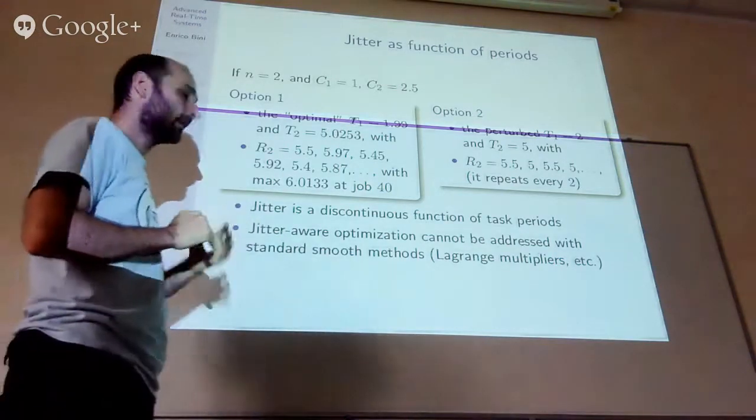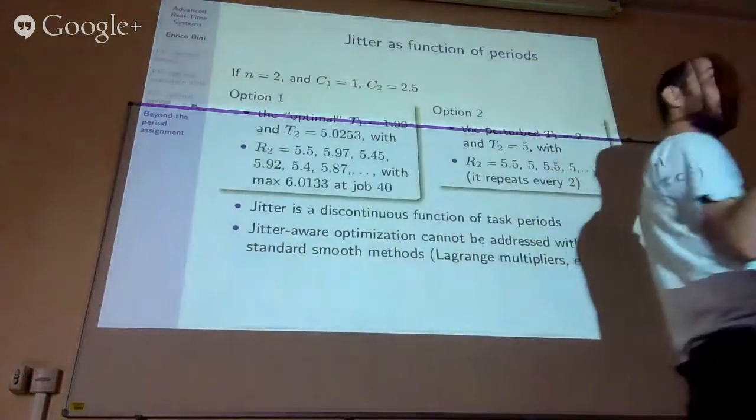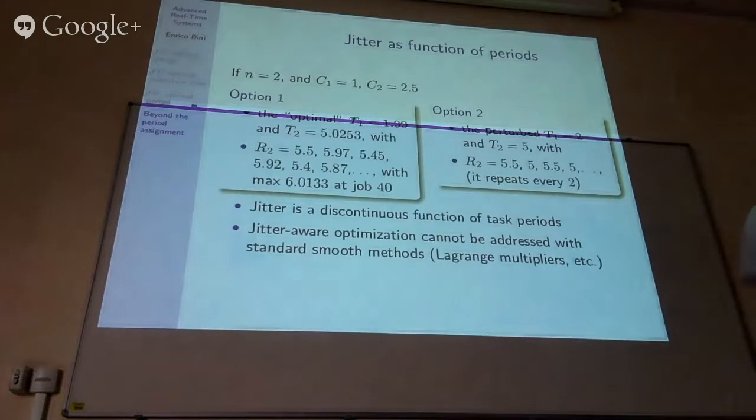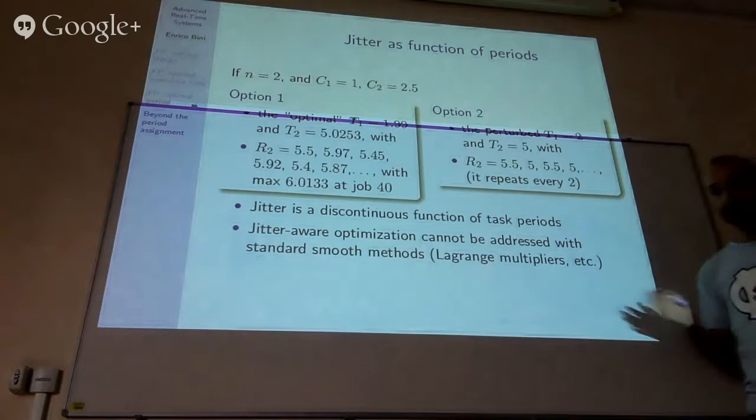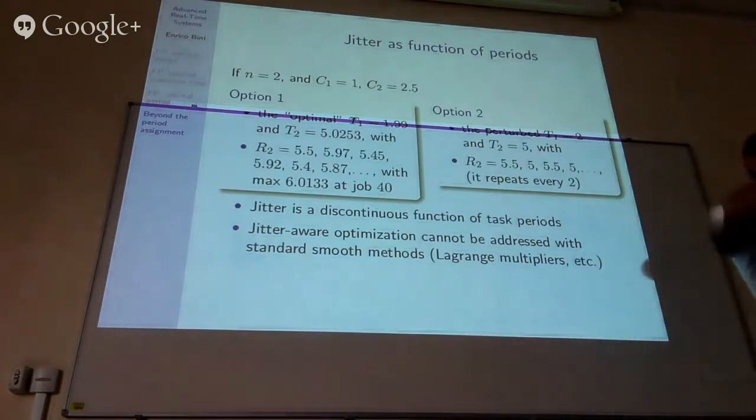So basically, an optimization method which is jitter aware is not simple. You cannot use classical continuous methods, like Lagrange multipliers and stuff like that, because these techniques assume continuity of the cost, continuity of everything.